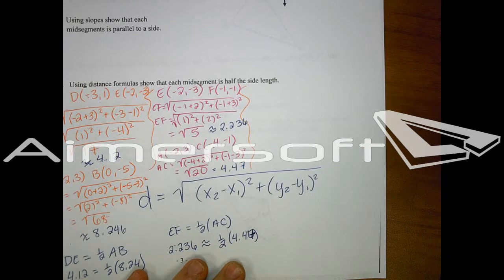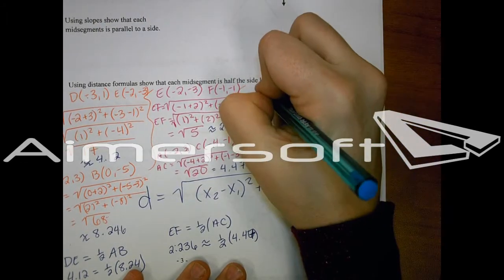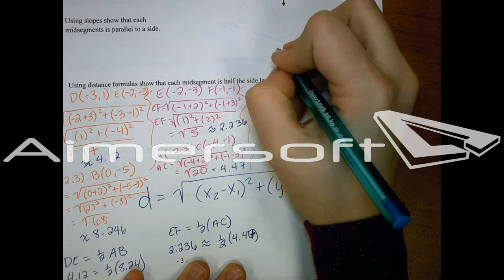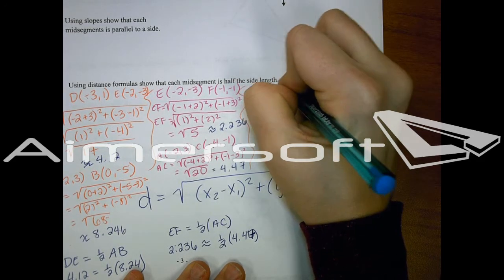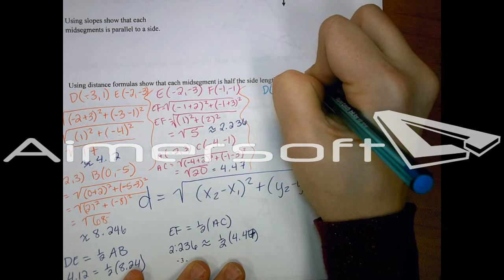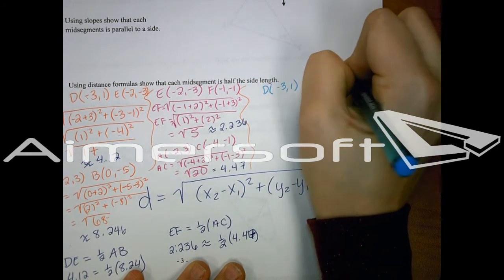And then the last one, point D is (-3, 1). Point F is (-1, -1).